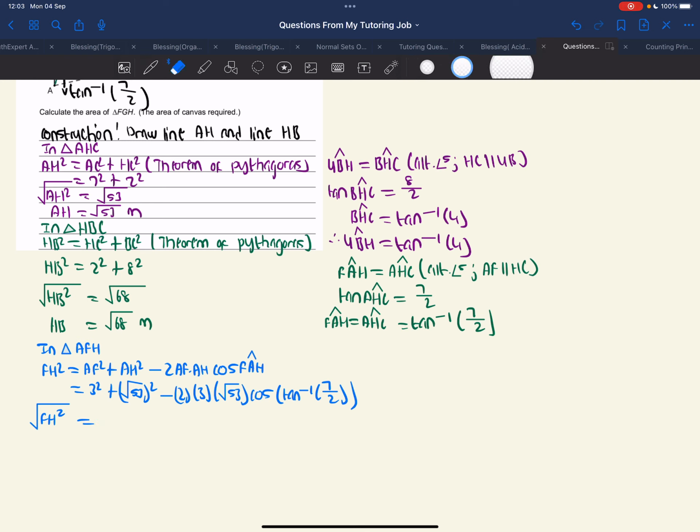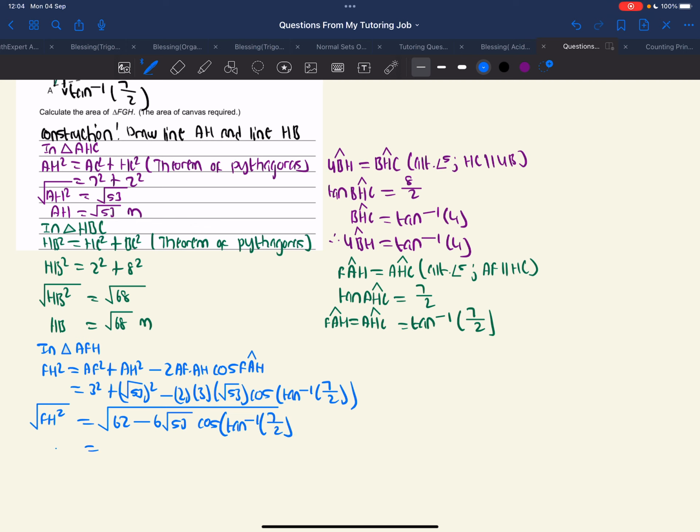If you do 3 squared plus square root 53 squared, you're going to get 62. So it's going to be the square root of 62 minus 6 square root 53, and then cos of shift tan of 7 over 2.